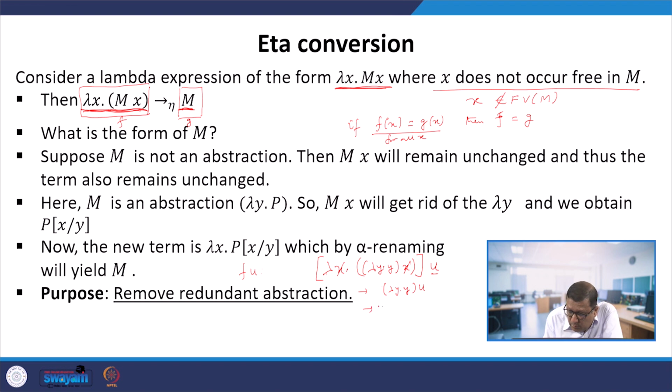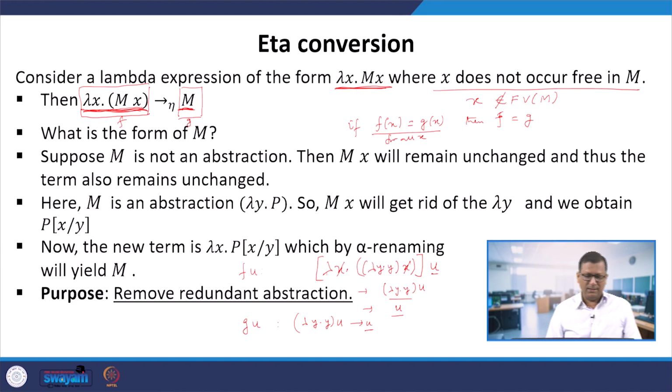Again this will give us u. Now if I do g of u, it will be lambda y dot y, g is M, applied to u, and this will be u. So both are yielding the same result. Hence we can change the structure lambda x dot Mx to M.